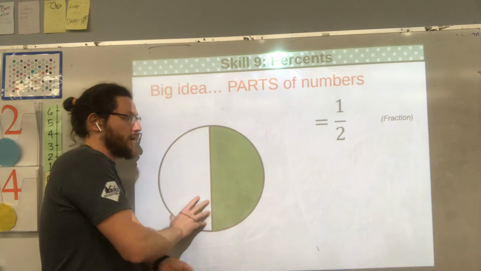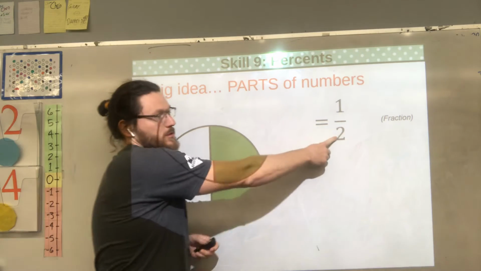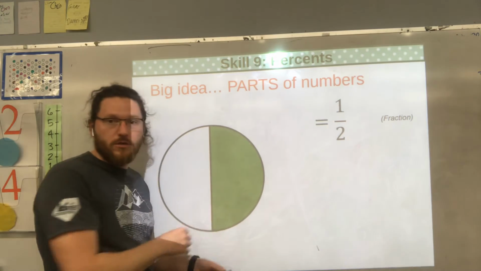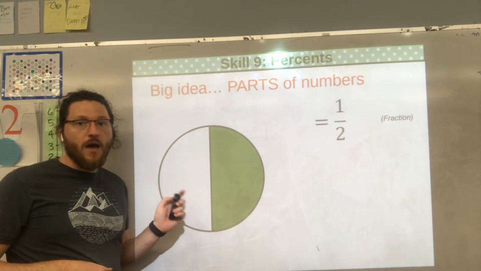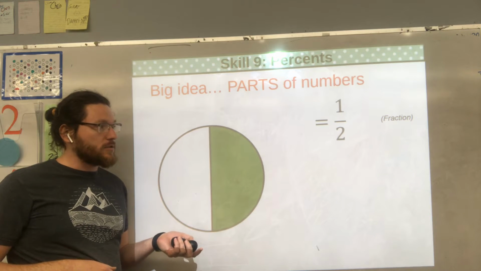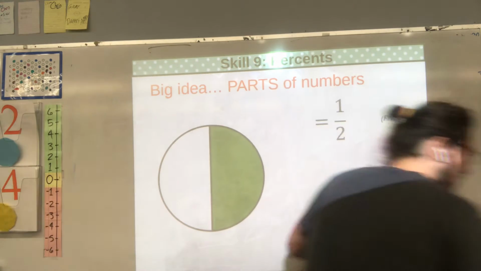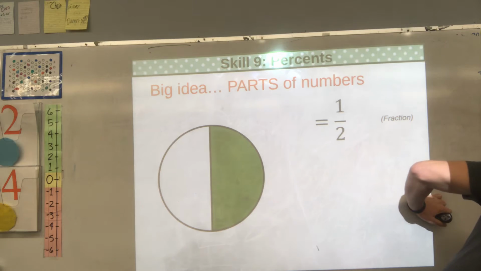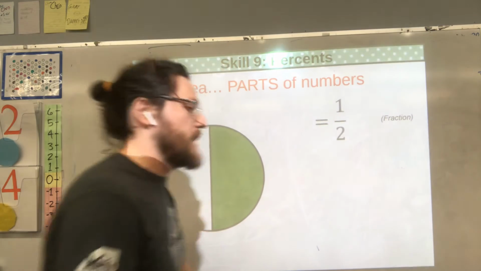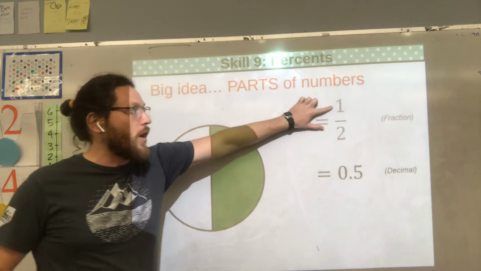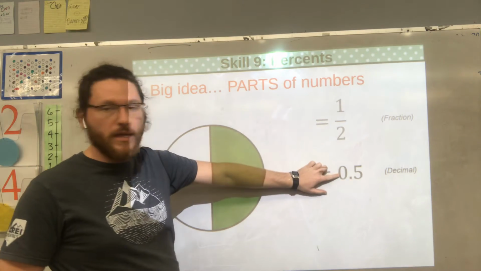So if we take a look here, we split this into 2 parts. One of them is shaded green. We can write this fraction as 1/2. Another way that we've seen this is with decimals. If we take this fraction, we do 1 divided by 2, we get 0.5.